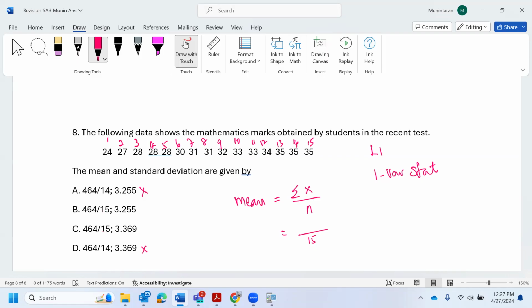And you need to take the standard deviation from the SX. SX is sigma n minus 1, so here it's SX. So the answer is B. Always read SX. Standard deviation is SX, S for sample.